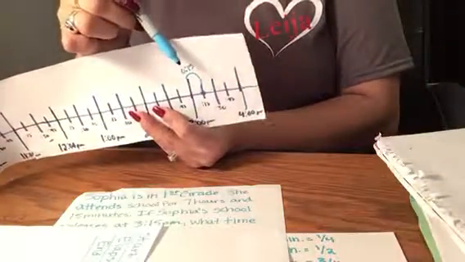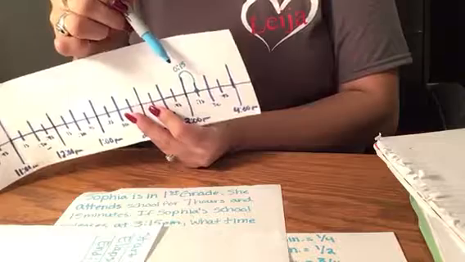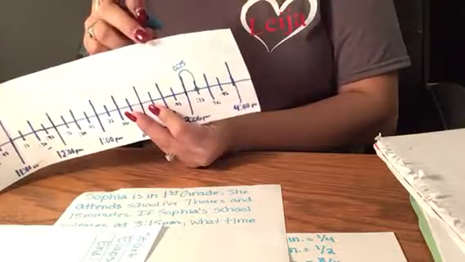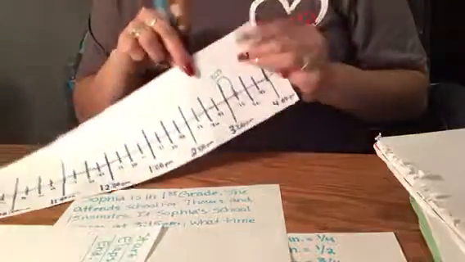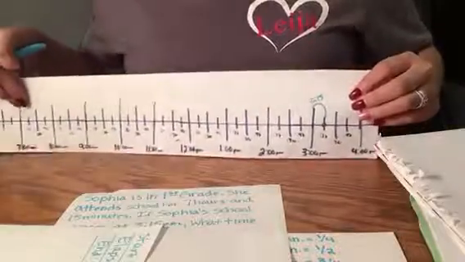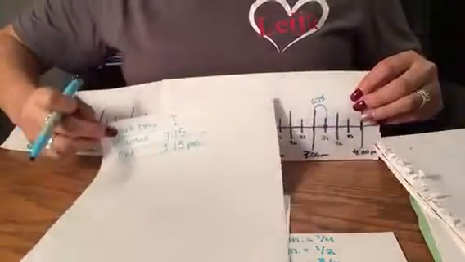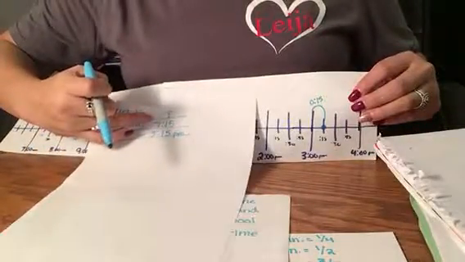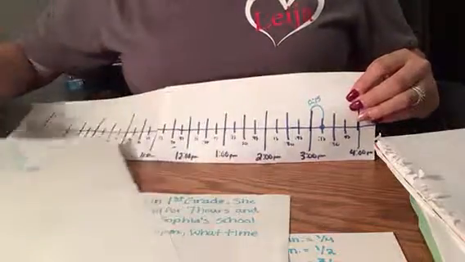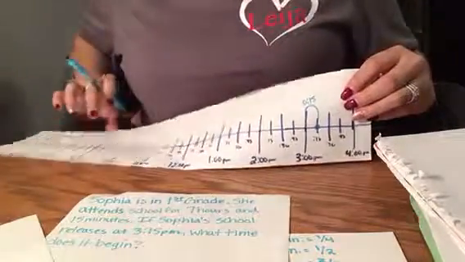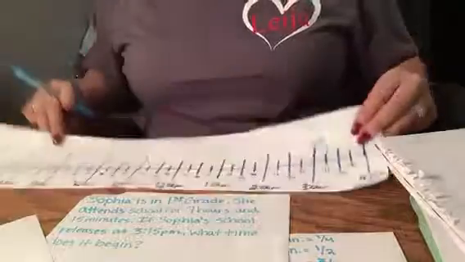So we'll write 15. I'm going to write it like this, just so that it is already in its place value on the number line. Okay, so now, since we've already used our 15 minutes, we still have 7 hours to go back. So we are going to count backwards 7 hours on our timeline.